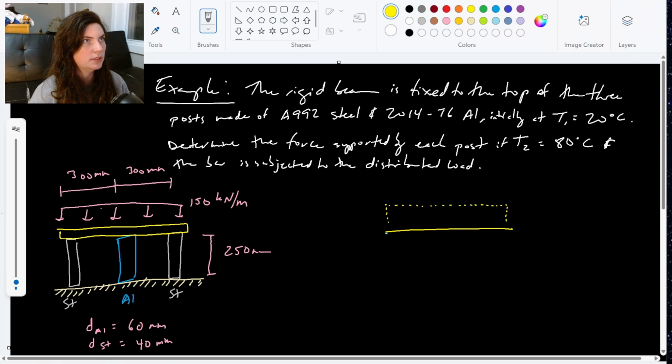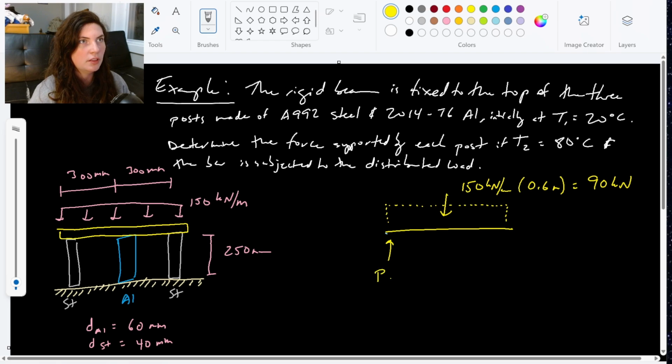It says each is at the 300 millimeter mark. So we're going to assume they're equally spaced there, where I have my distributed load. If I work it out, I get 150 kilonewtons per meter times the 0.6 meters that it travels over. So that's 90 kilonewtons.